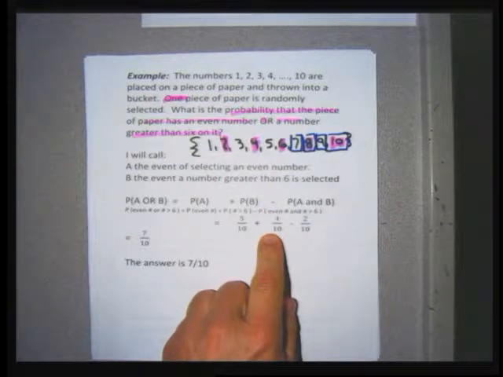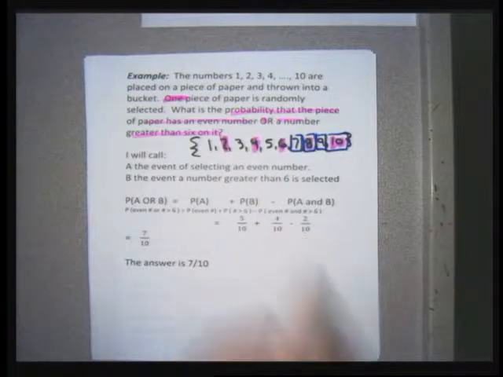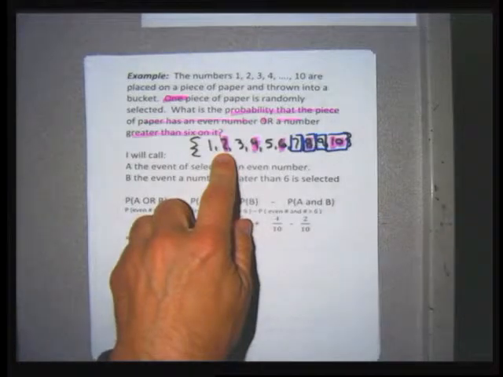The last part of the formula requires me to find the probability of A and B occurring simultaneously. And the way I did the sample space this time, you could see it really clearly. When I did the probability of A, I marked these items in the sample space in pink.